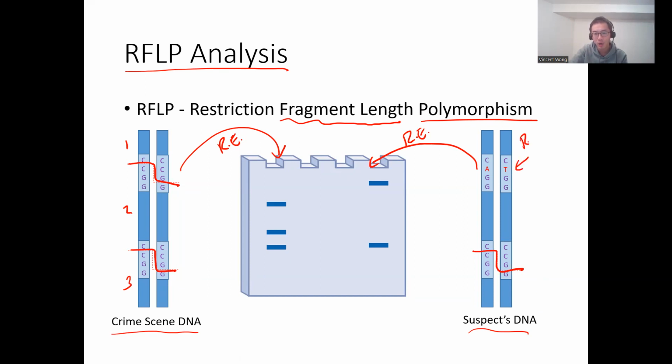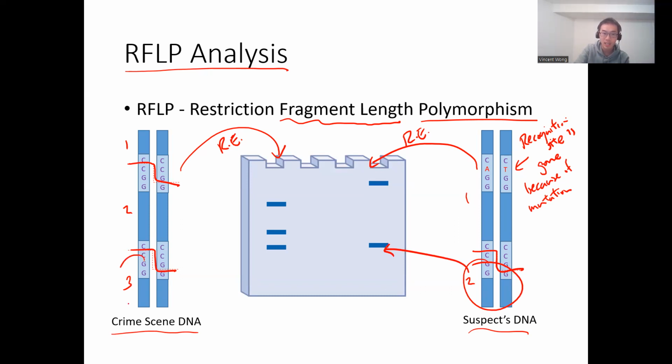The recognition site is gone because of the mutation. So it will cut it once, and then you will have 1 fragment and 2 fragments. This fragment here corresponds to that one, which is actually the same fragment as the other person. But the top one is really, really big. That's why it's all the way at the top. In fact, if you add up these two, you will get back to that length.